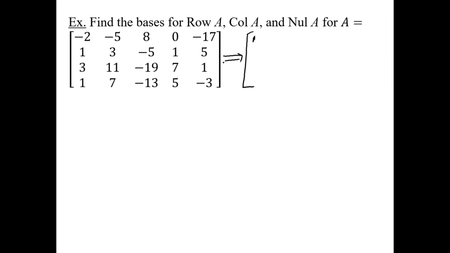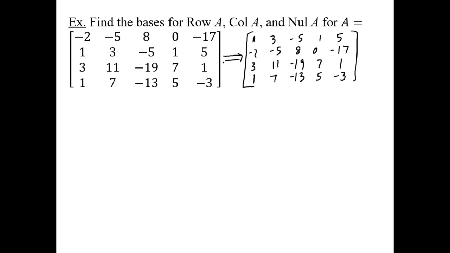So 1, 3, -5, 1, 5, -2, -5, 8, 0, -17, 3, 11, -19, 7, 1, 1, 7, -13, 5, -3. Okay. Top row's fine. Multiply the top row by 2 and add the second row. I get 0, 1, -2, -7.